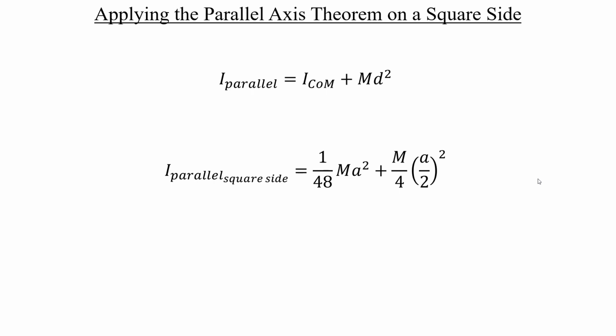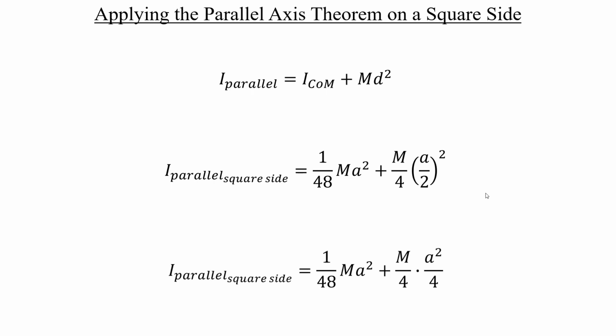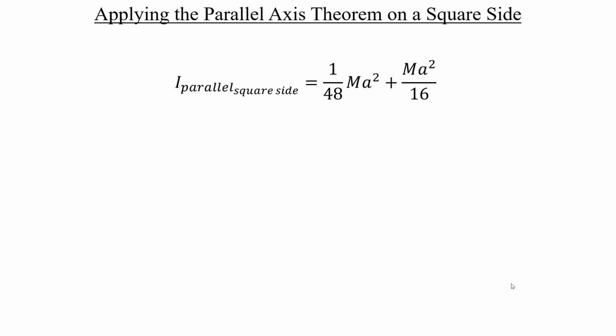So, to move forward, let's go ahead and square this displacement term. And now we can take these two 4s in the denominator and multiply them together to get ma squared over 16 in that final term. If we want to add these two things together, they need to have a common denominator.